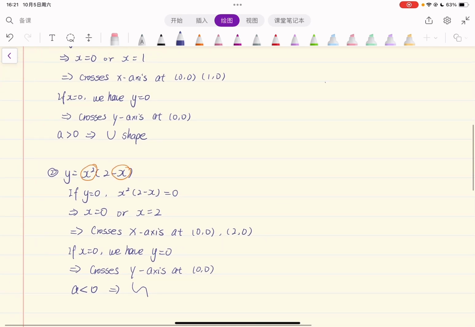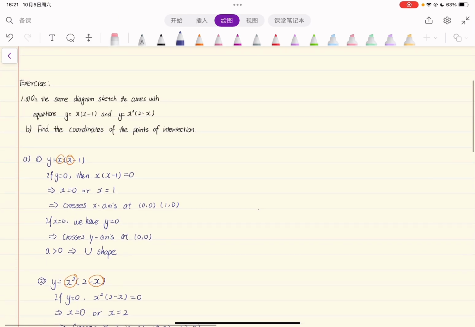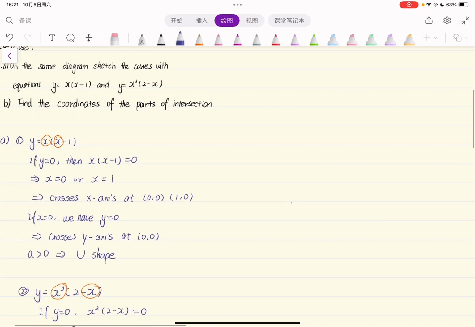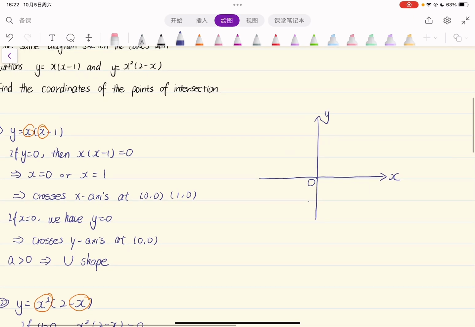Now we can sketch the two curves in the same diagram. So let's sketch the first one. It crosses the x-axis at the origin and also (1, 0).